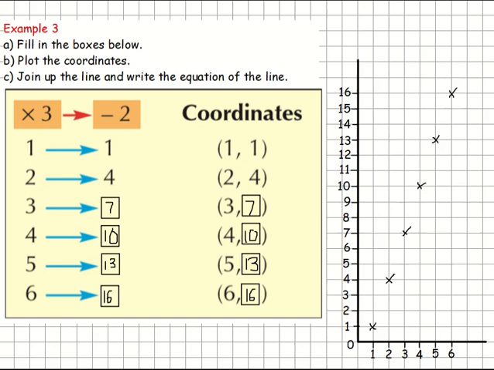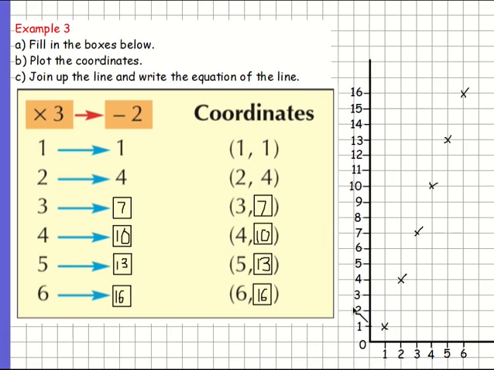And join them up with a nice straight line. And there we go. It doesn't necessarily go through 0, 0, so just watch out for this one. This one wouldn't actually go through 0, 0. So you can just start at that first coordinate and end at the last coordinate, that's fine.